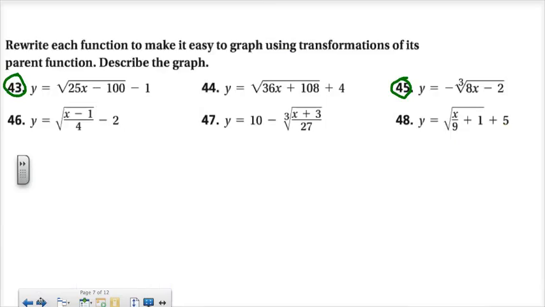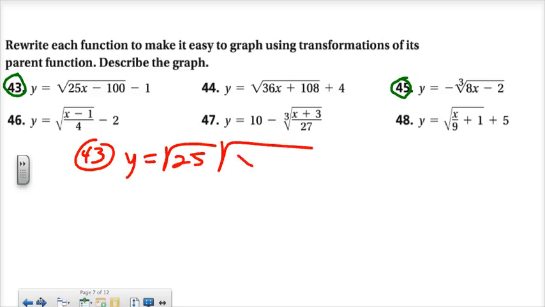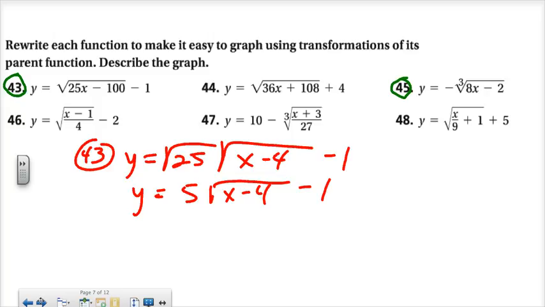Then number 43 says rewrite each function to make it easy to graph using transformations of its parent function and describe the graph. So this is again just a matter of saying, hey, I see that there's a 25 in both of those, and that would leave me with x minus 4, minus 1. So that's going to be 5 square roots of x minus 4, minus 1, and then describing what I would do. And I would need to graph the parent function.